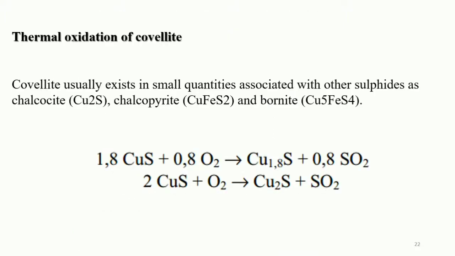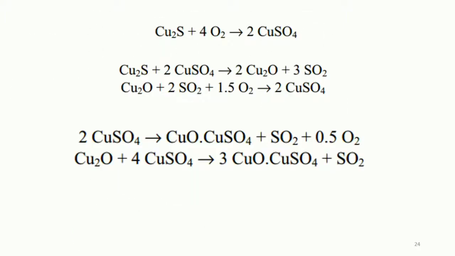Herein we can say this is the reaction of Cu2S with copper sulfate CuSO4, which subsequently changes into Cu2O and SO2, while Cu2O and SO2 again react with a limited supply of oxygen, using 1.5 mole of oxygen, and change into copper sulfate CuSO4.